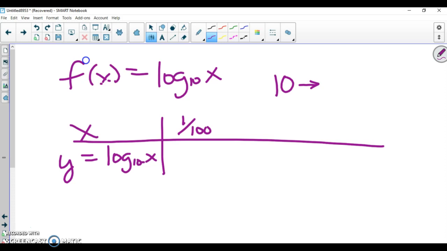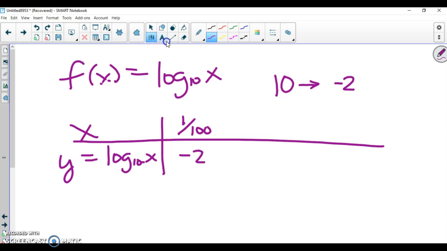Well, 10 squared is 100. 1 over 100 indicates that we have a negative exponent, and a negative 2 indicates 10 squared is in our denominator. And so it follows that 10 to what power is 1/100th? 10 to the negative 2 is 1/100th.